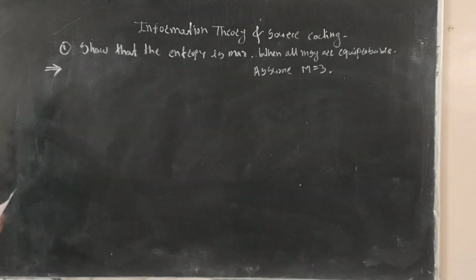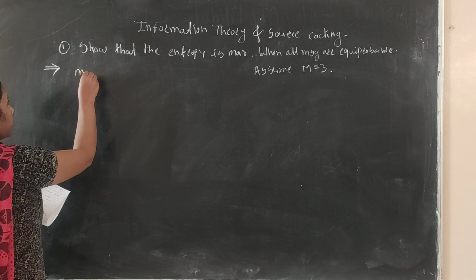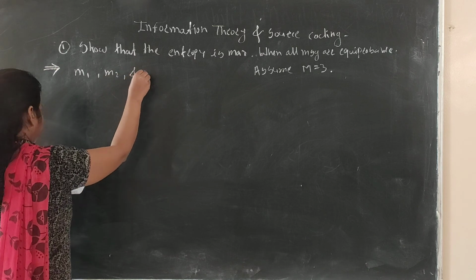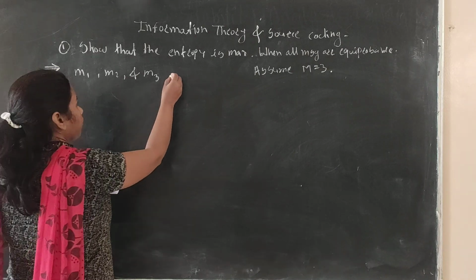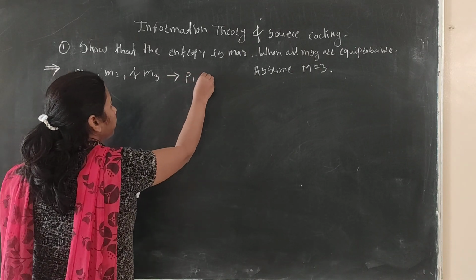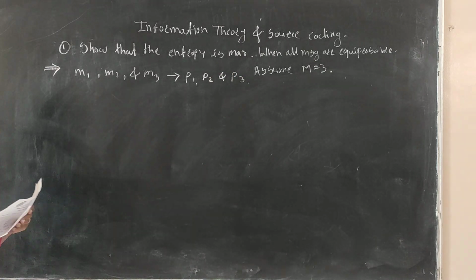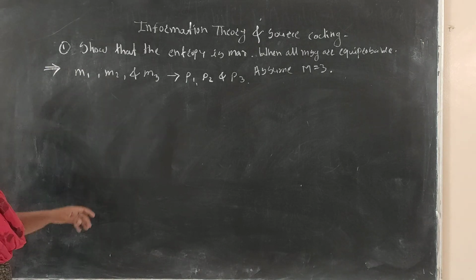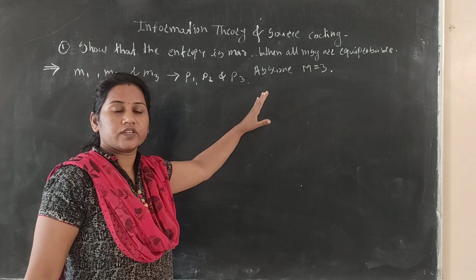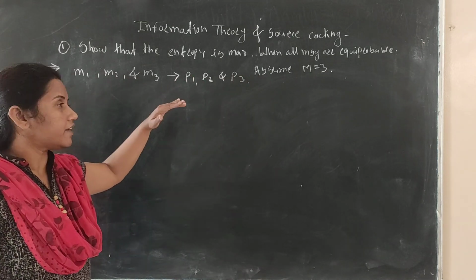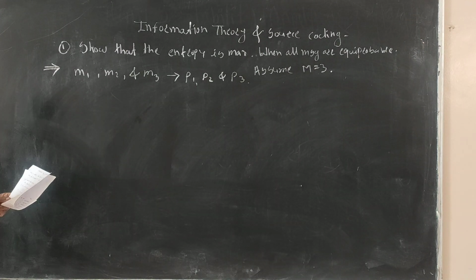Now we will see, let there be 3 messages m1, m2 and m3 with probabilities p1, p2 and p3 respectively. In the numerical they have given that we have 3 messages with equal probabilities, that is why they have used the word equiprobable.